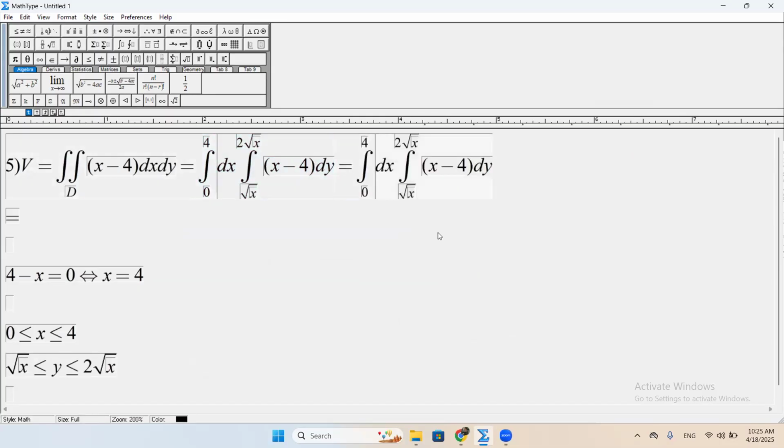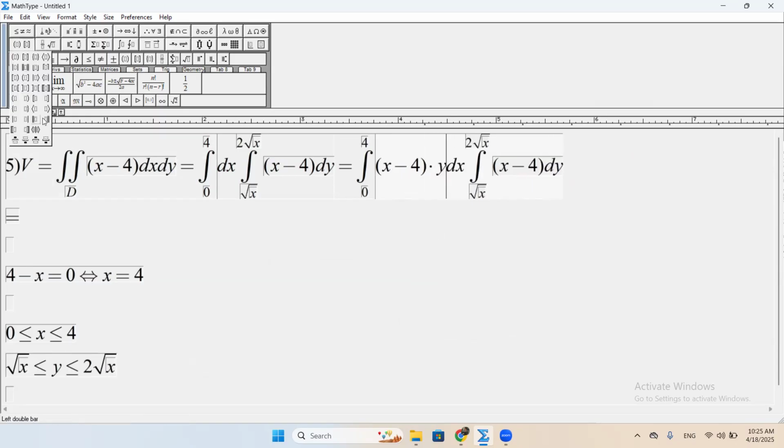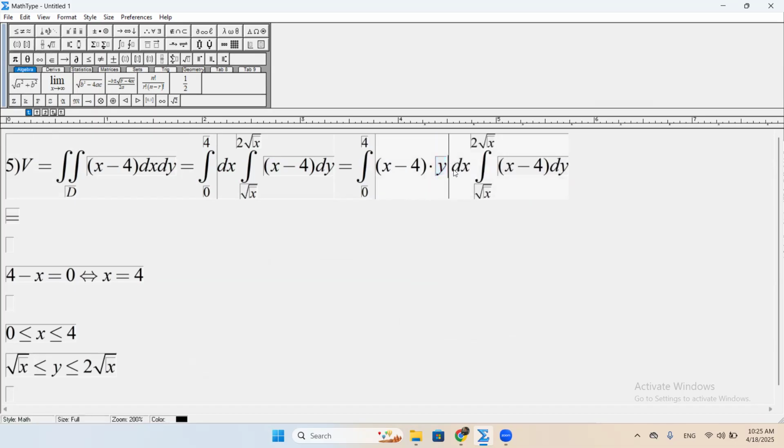Integrating. So what do we have here? 4 minus x by y, with the substitutions from square root of x to 2 square root of x.